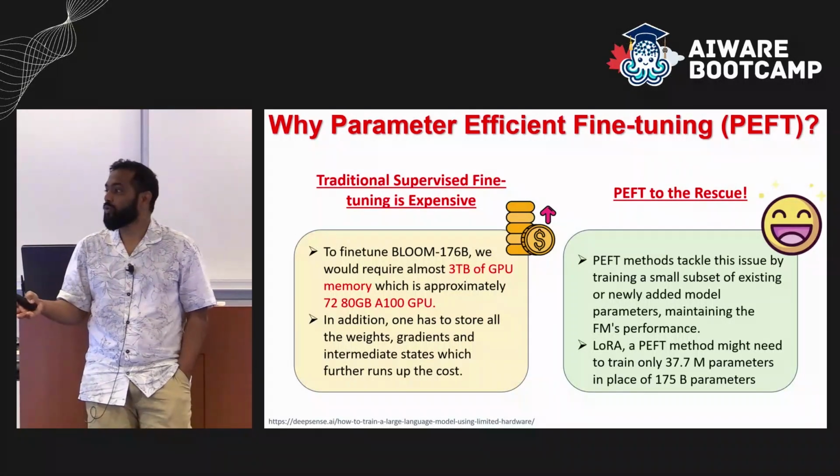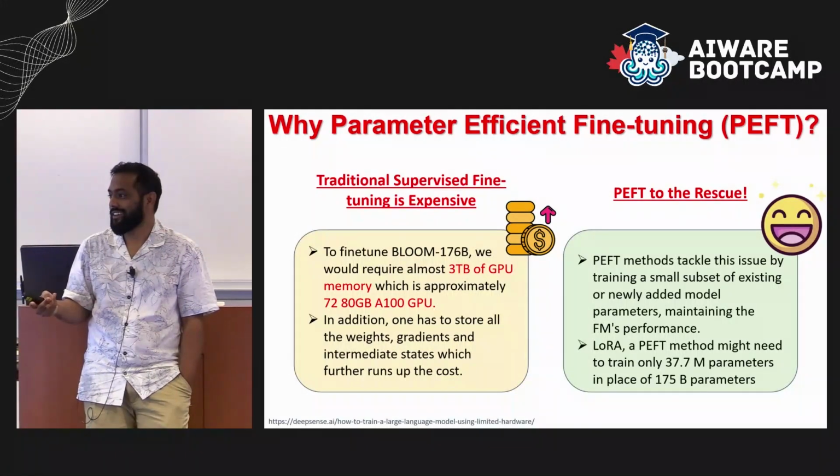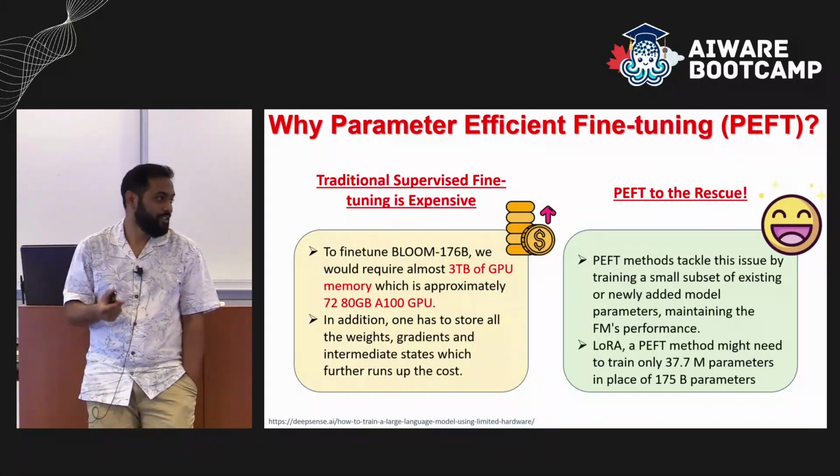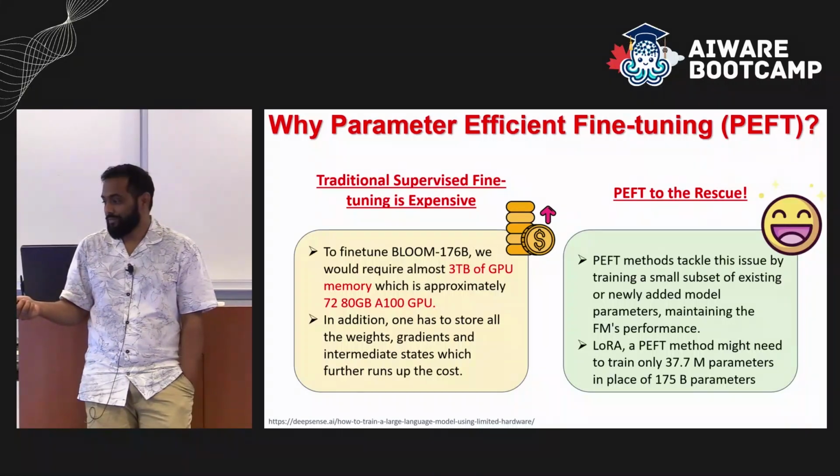I don't think most of the world has access to that kind of hardware. I know I don't. So that's where PEFT comes in, which is parameter efficient fine-tuning methods.